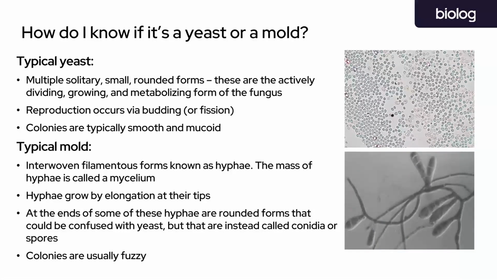Oftentimes, these filamentous fungi with their thick cell walls and heterogeneous suspensions that they make require some more hands-on methods to do DNA purification. And on top of that, methods like MALDI can often struggle because of lack of variation in surface proteins.